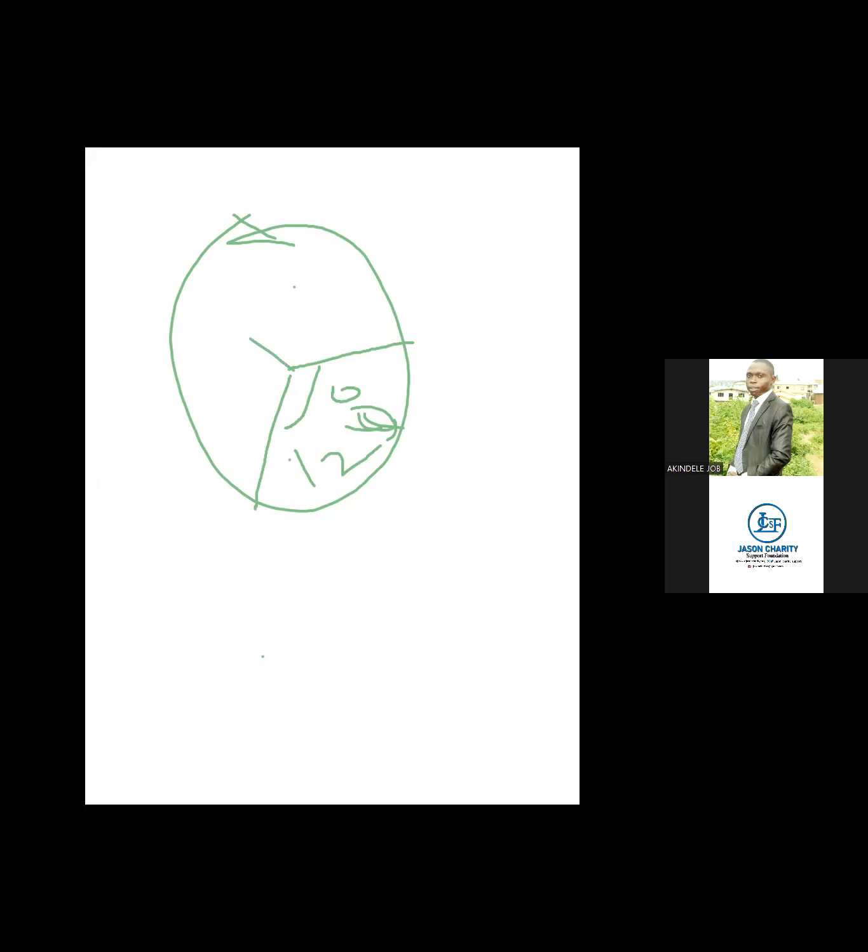Let's say this one is 80 degrees. This one represents 160 degrees. So that is how the circle is divided.